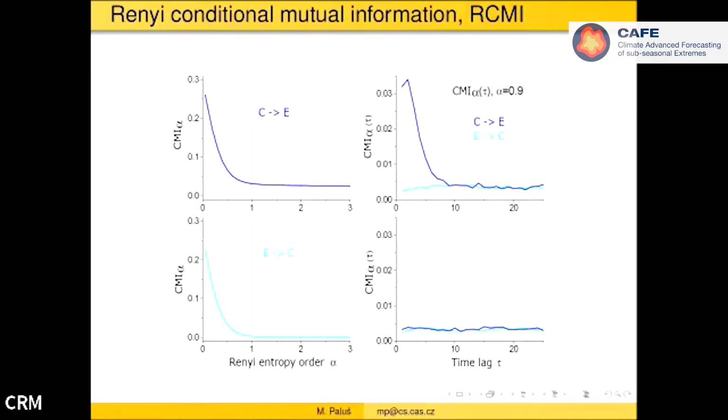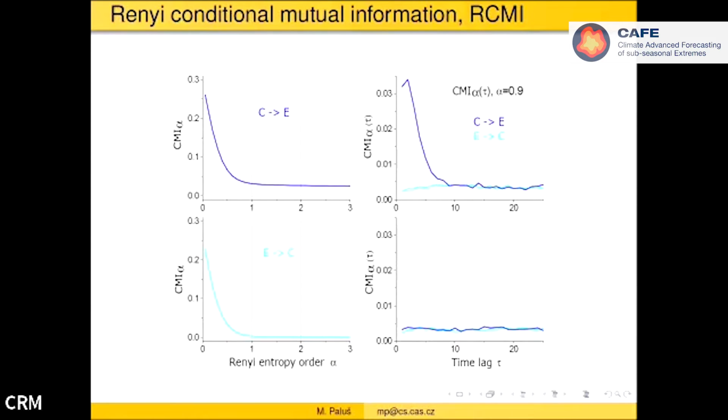Now we will look at the conditional information between C and E as a function of this Rényi entropy parameter alpha. We can see this behavior in the direction from C to E. This is the CMI quantifying the influence of C on E. And this is the CMI in the opposite direction, when there is no causality.